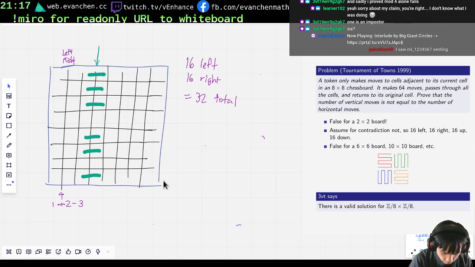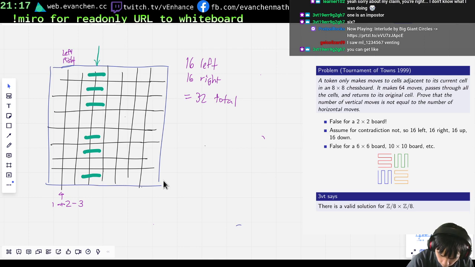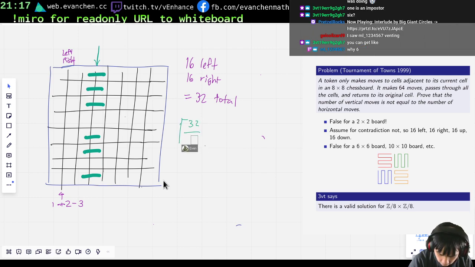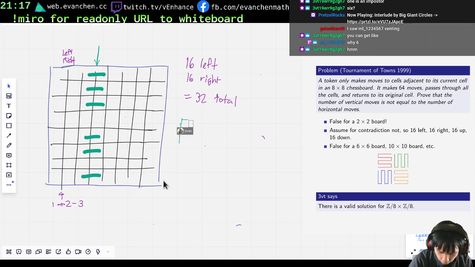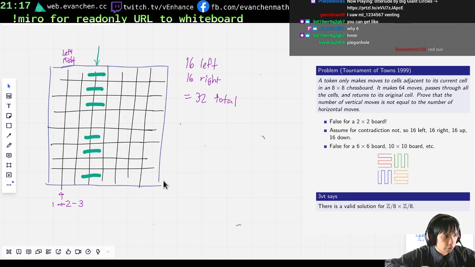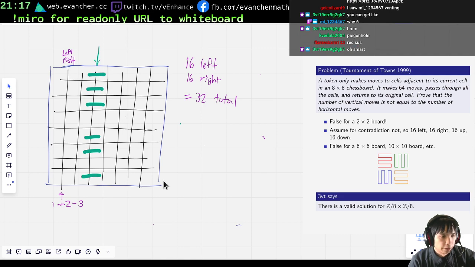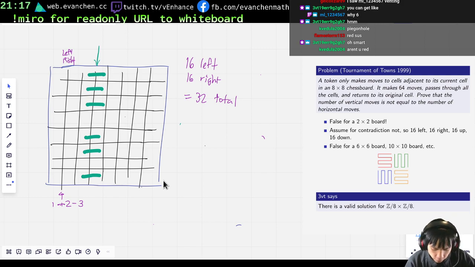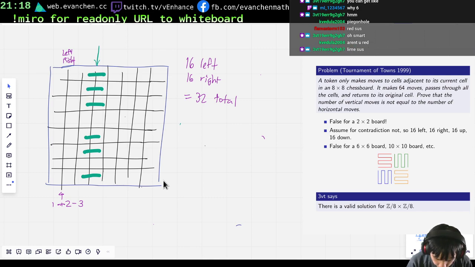The average is 32 over 7, but also every count is even. So, I have 7 incisions, 32 left-right moves, the average is a little more than 4, and 6 is the smallest even number greater than 4, because each one is even.